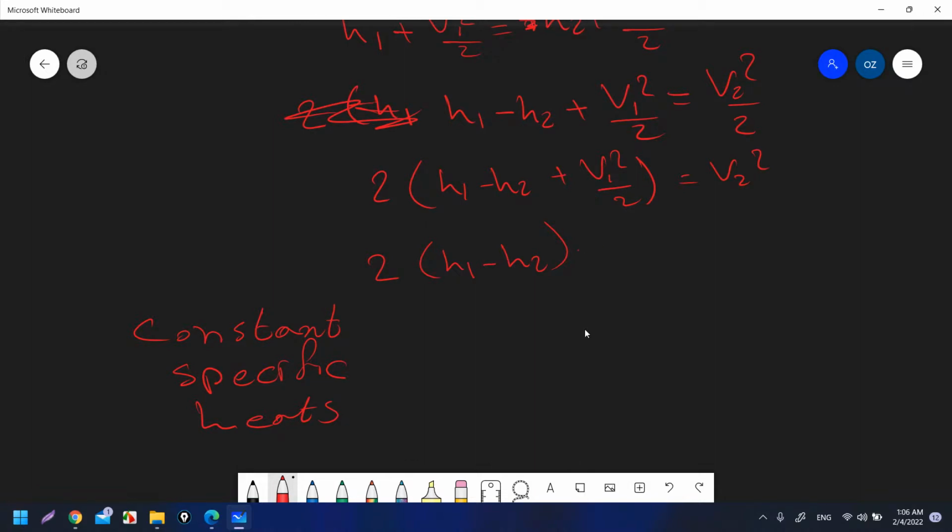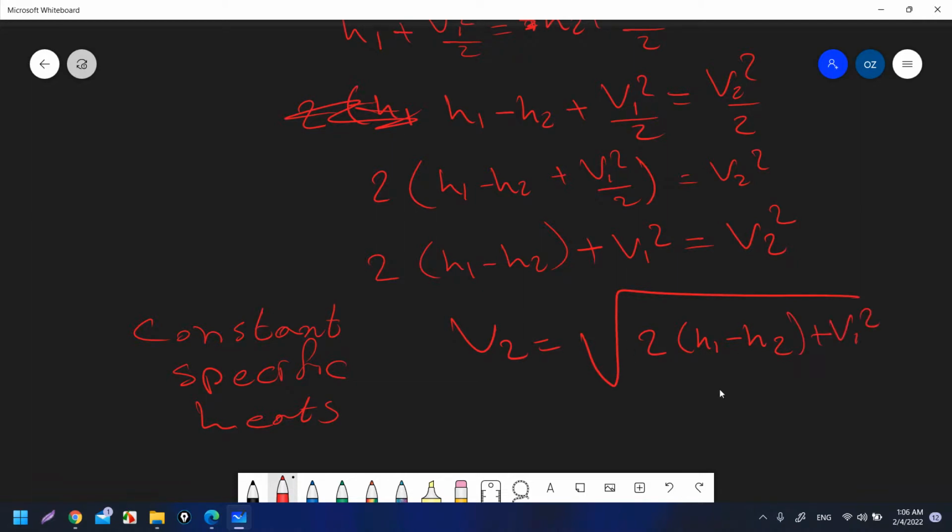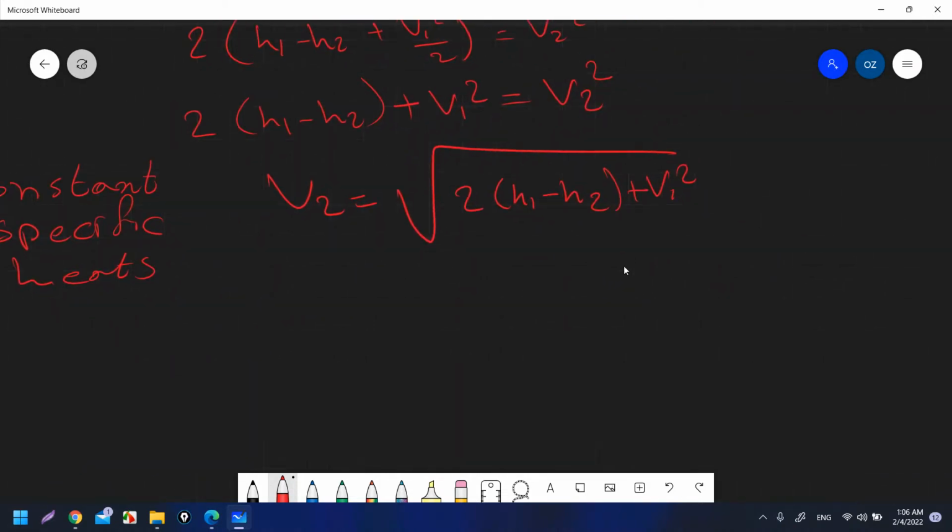Then I distribute the 2 on the kinetic energy, which gives me only V1 squared, and this equals V2 squared. Then I will take the square root. So V2 is equal to the square root of 2 times (h1 minus h2) plus V1 squared. We said it's a constant specific heat, so h1 minus h2 is Cp times (T1 minus T2).